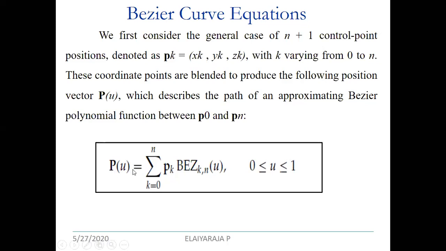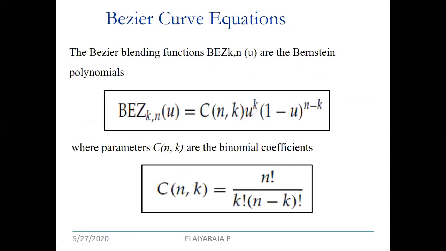In general, the Bezier curve equation is written like this: the point on the curve P(u) is equal to the summation, k equal to 0 to n, meaning from the starting control point to the end control point, of the control point p_k multiplied by the Bezier blending function, where u is between 0 and 1.